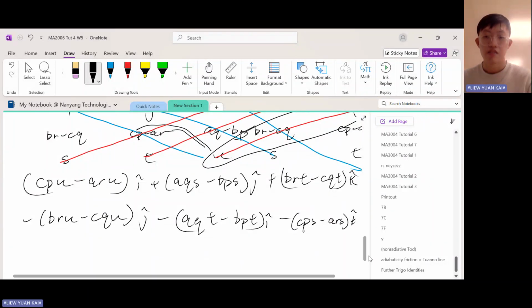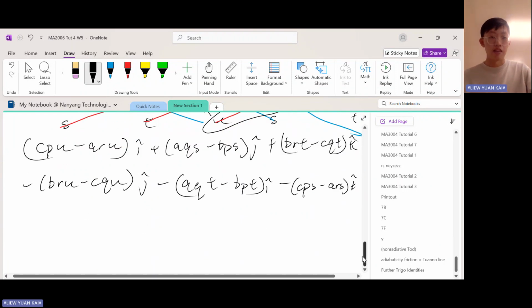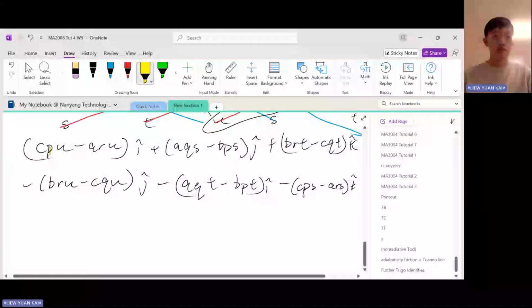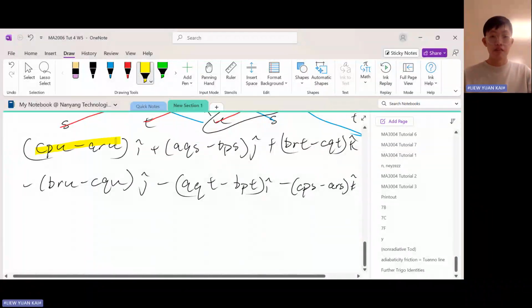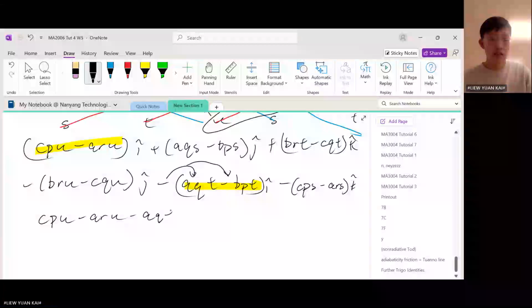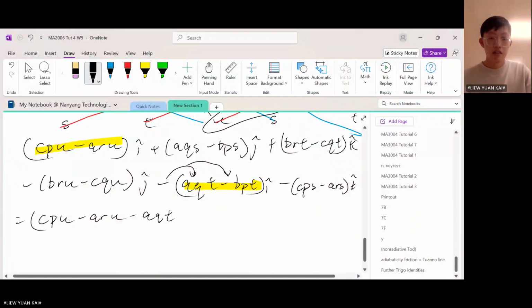Now we have to simplify by adding all the like terms together, meaning the I component with the I component. I'm going to expand this negative sign straight away. So we have CPU minus ARU minus AQT plus BPT.